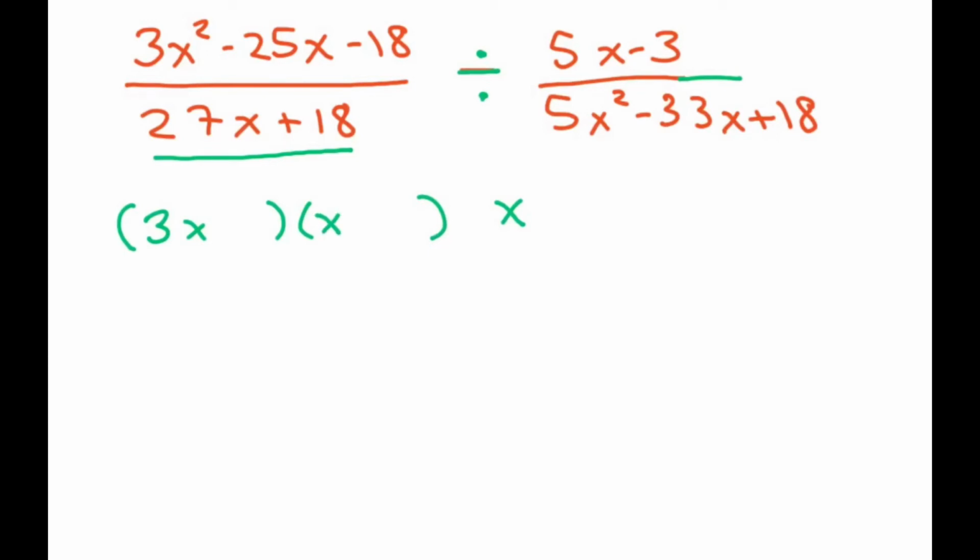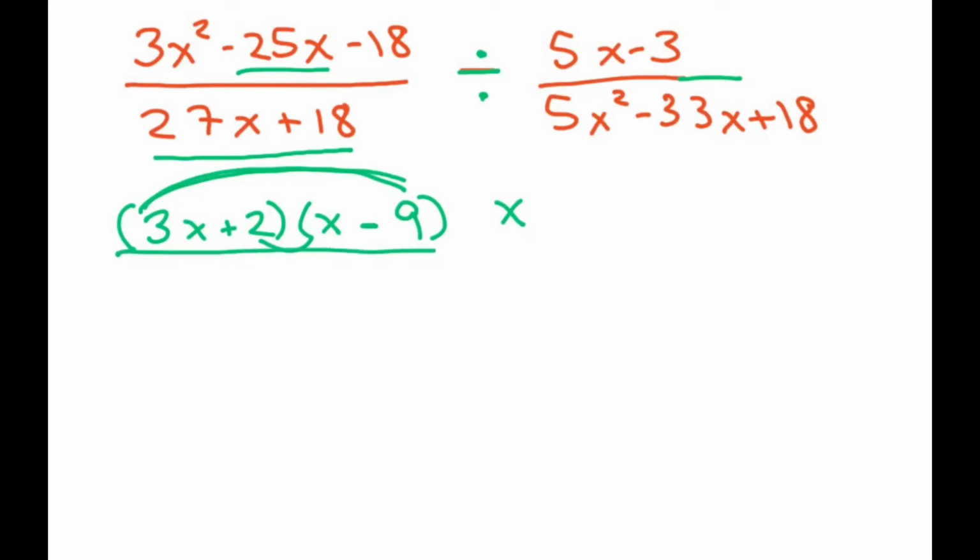And then we need an 18, so that's probably going to be, let's try 9 and 2. If we put a 9 here, that gives us a 27. And we want a negative 27 and then plus 2. So that's negative 27, and that would be plus 2, which gives us that. The denominator, I'm just going to factor out a 9, and that gives me 3x plus 2.